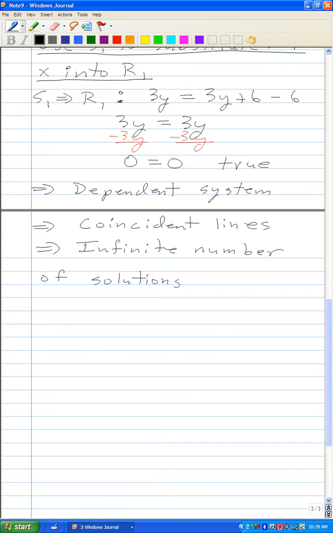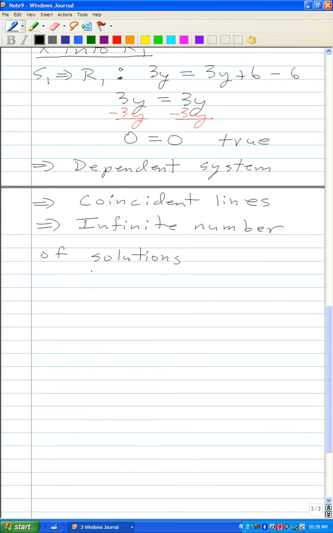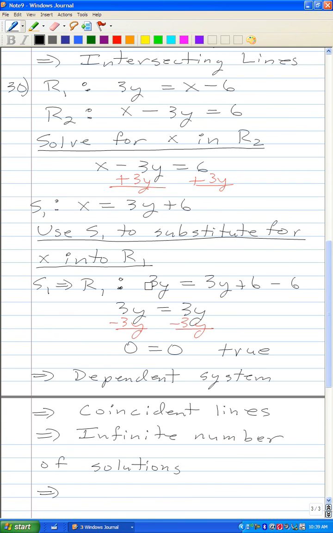Well, I actually have to solve it. Just saying there's an infinite number of solutions. Well, what infinite number of solutions? I mean, what solutions? Well, notice that it is all equations. So since 0 equals 0, that means that since these numbers are the same, both equation 1 and equation 2 are the same equation.